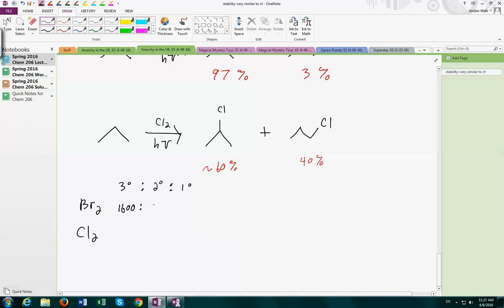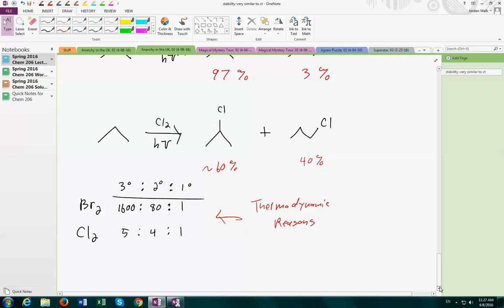It's about 1600 to 80 to 1. Whereas with chlorine, it's something like 5 to 4 to 1. And so we're just going to say that this is due to thermodynamic reasons. All right, so selectivity is awesome with bromine, but it's just not the case with chlorine.